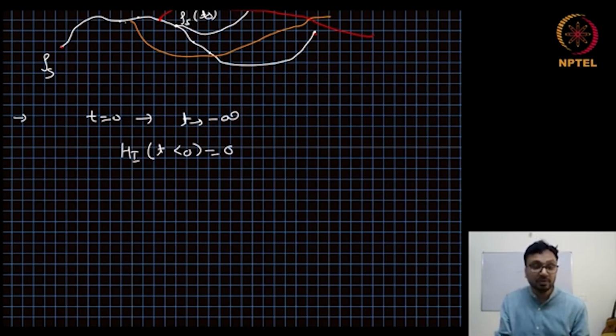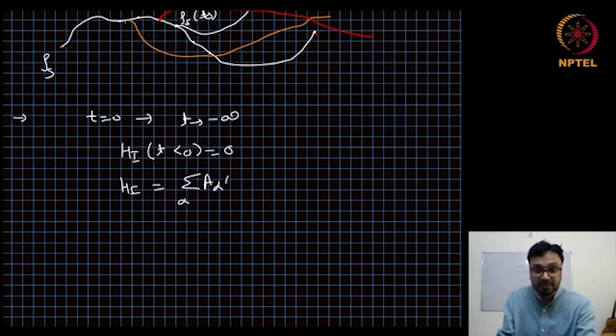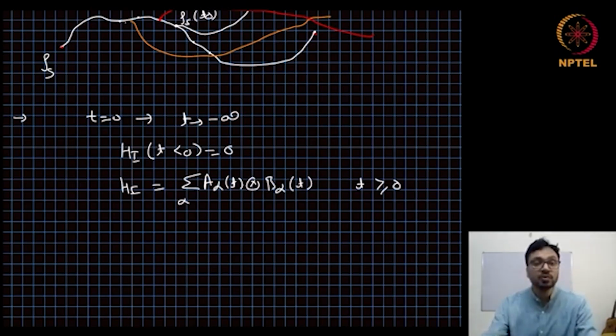So the interaction between the system and bath before the time t equals 0 was 0, and after time 0 it was given by the sum over alpha of A_alpha(t) tensor B_alpha(t) for t greater than or equal to 0. And for t less than 0, the interaction Hamiltonian is 0. So there is no interaction before t equals 0, and the interaction Hamiltonian is given by this after t equals 0.